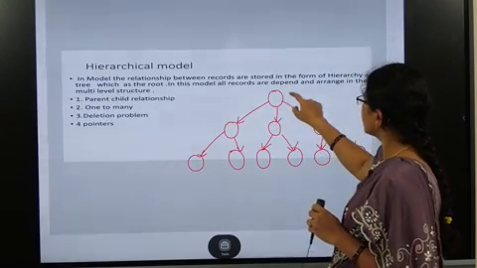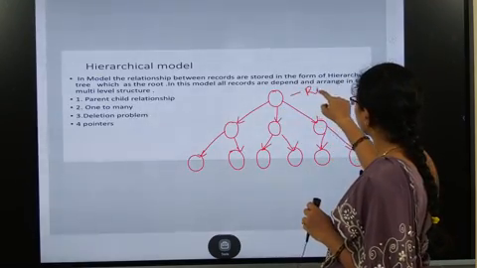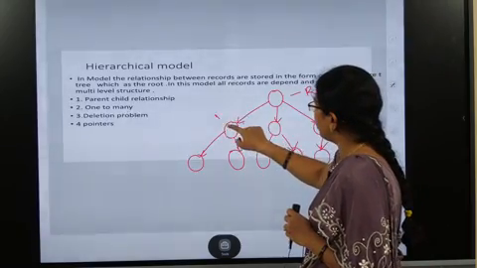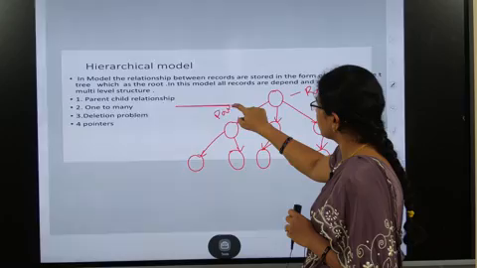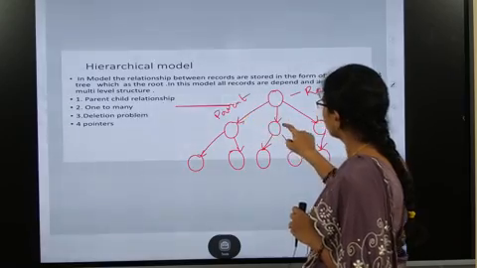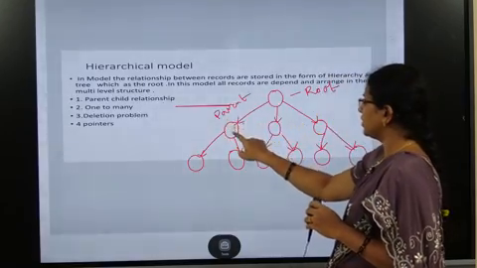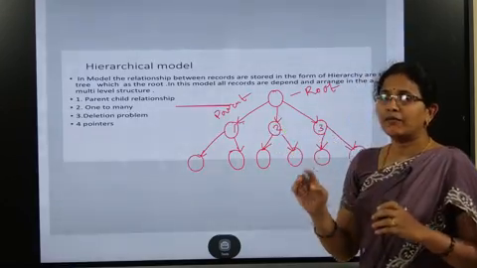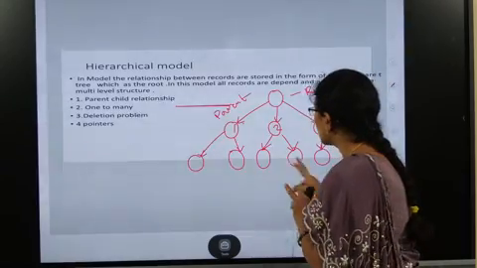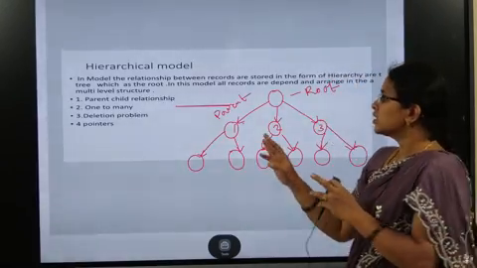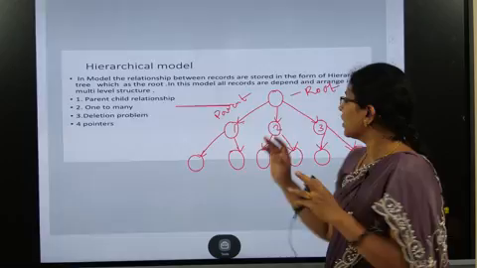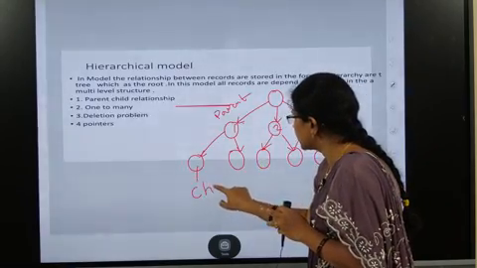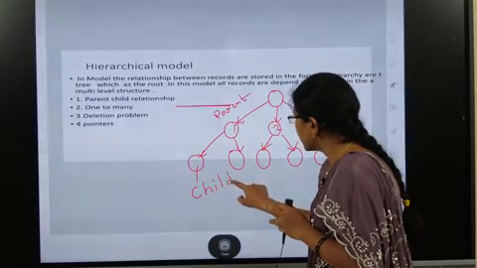So you can see this is a root. These are parent nodes. This is parent node 1, this is parent node 2, and this is parent node 3. Every parent node has two children here. Generally in the hierarchical model, this is a parent and this is a child.